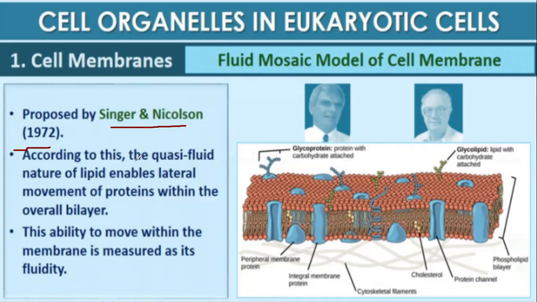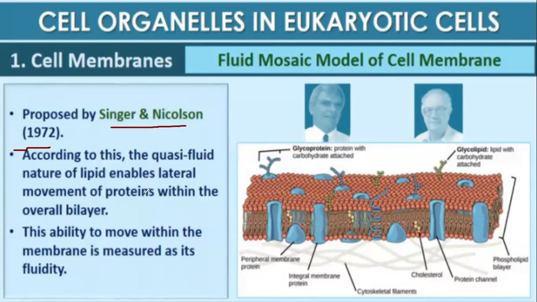According to this, the quasi-fluid nature of lipid, what is this quasi-fluid? Quasi-fluid means semi-fluid, that is somewhat jelly-like. This nature of lipid enables lateral movement of proteins within the overall bilayer. This ability to move within the membrane is measured as its fluidity. So the cell membrane is quasi-fluid in nature, that is semi-fluid or jelly-like.